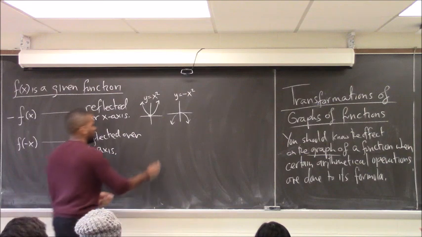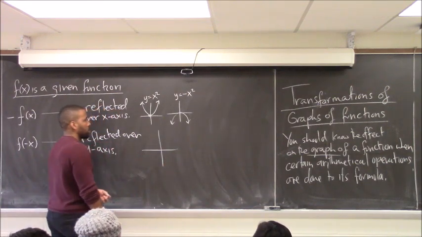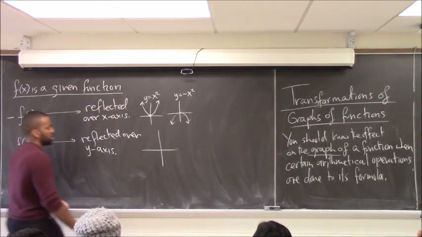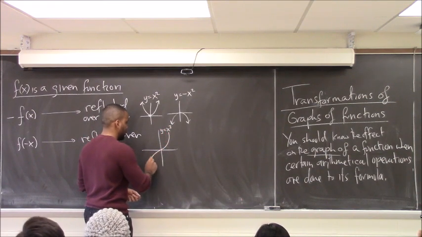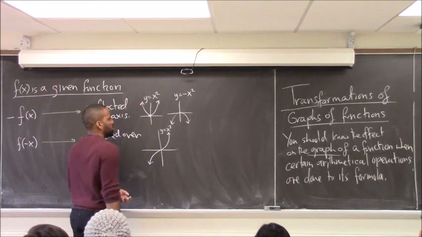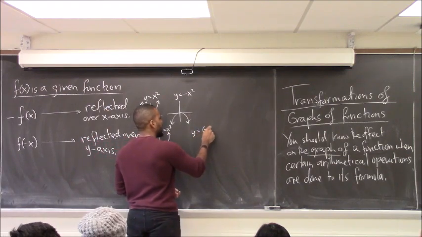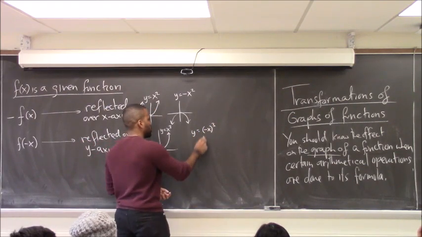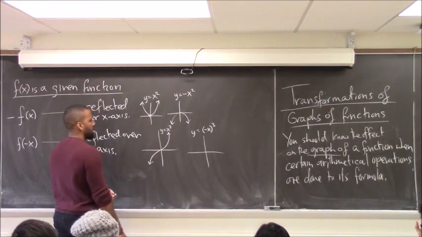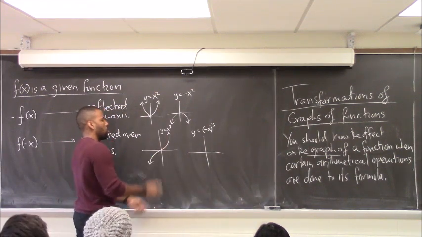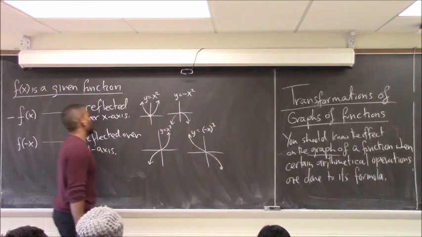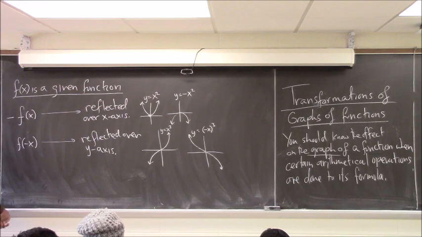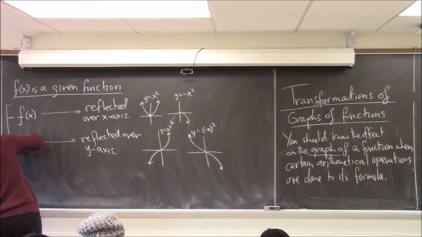It will actually work both ways with the cube. If you look at y equals x cubed, it's like that. If you look at y equals negative x cubed, replacing x with negative x, it will flip it in the y. It will look like this. So these transformations are called the reflections.